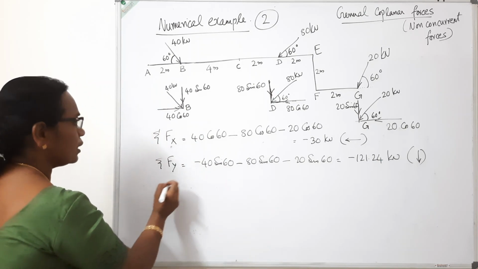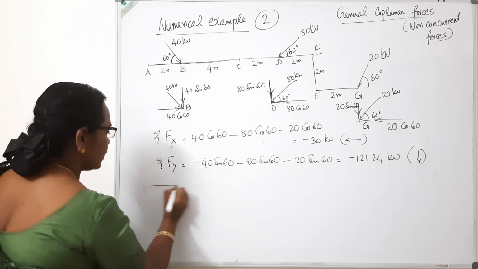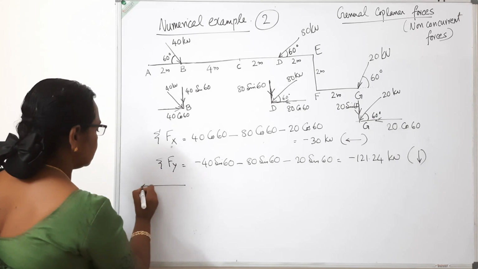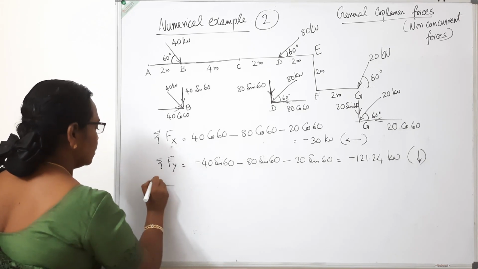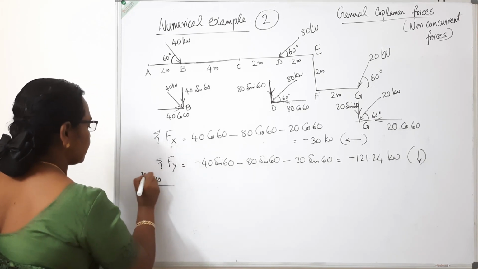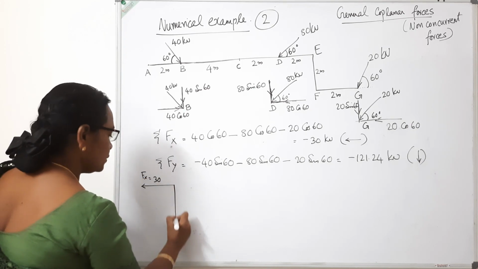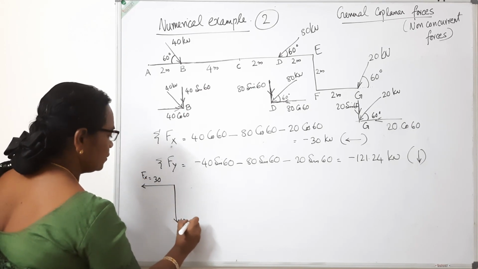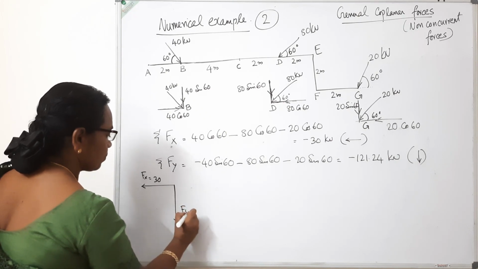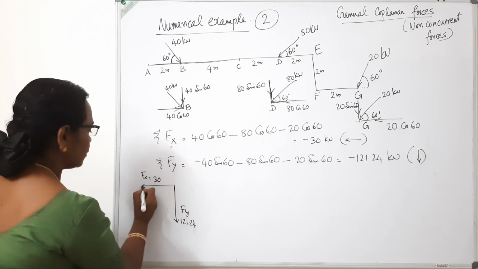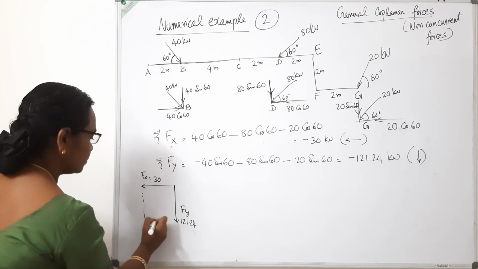So let us mark it in the figure. Fx negative, it is 30. This is sigma Fx. And Fy is downwards, 121.24. This is Fy. So the resultant, you complete this rectangle.